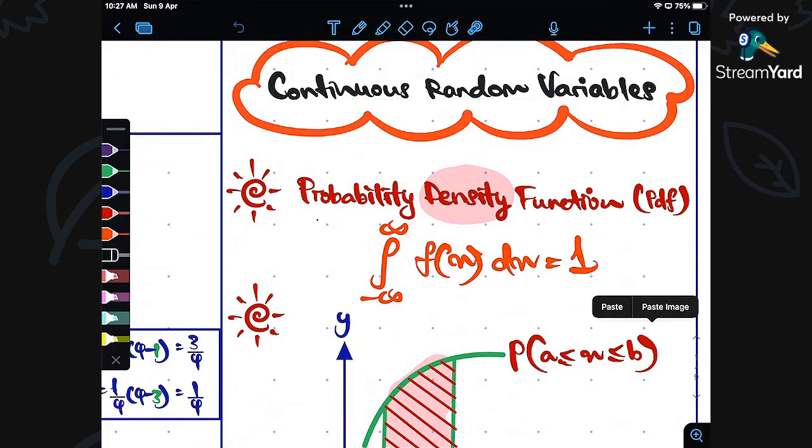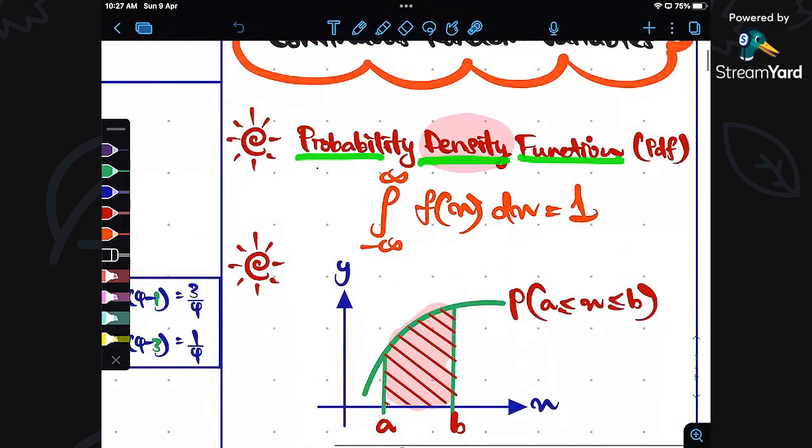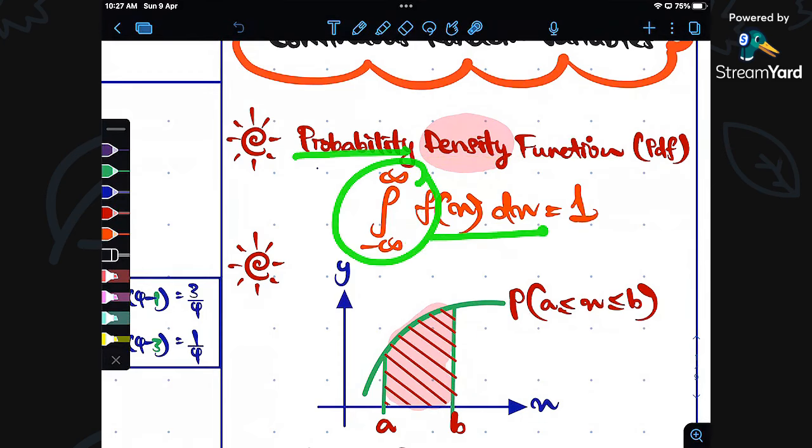Okay, so that's why this is called density, probability density function. It means we will need to use the knowledge of integration. Even though this is probability, we use integration. And remember, the total probability density function is always equal to 1.